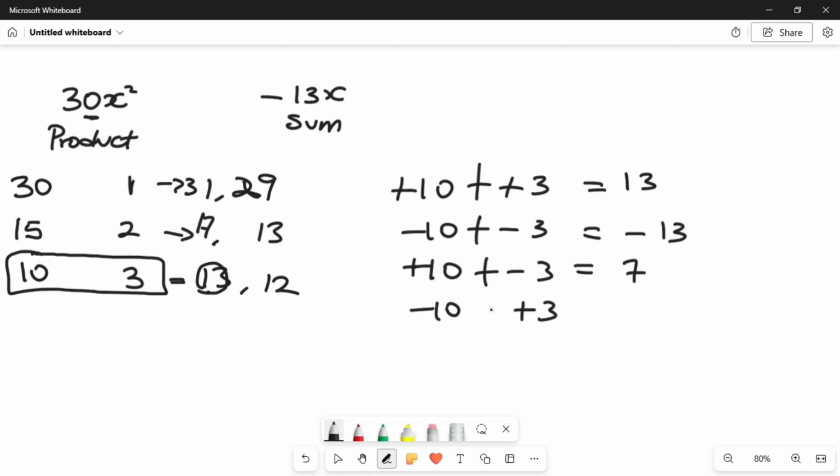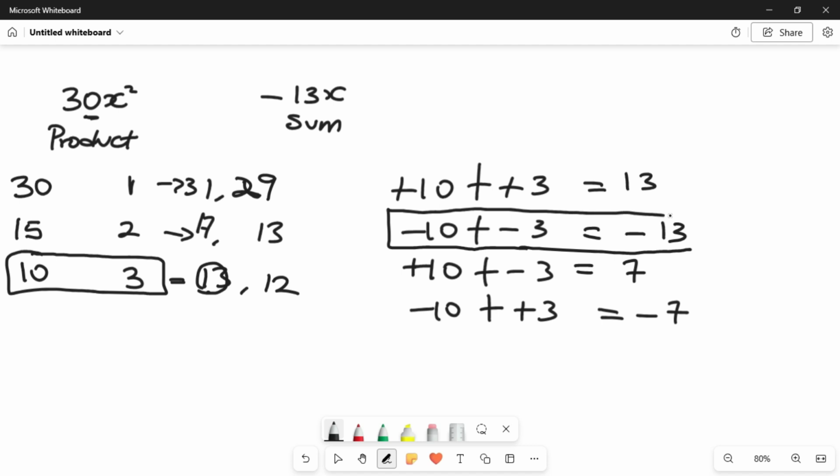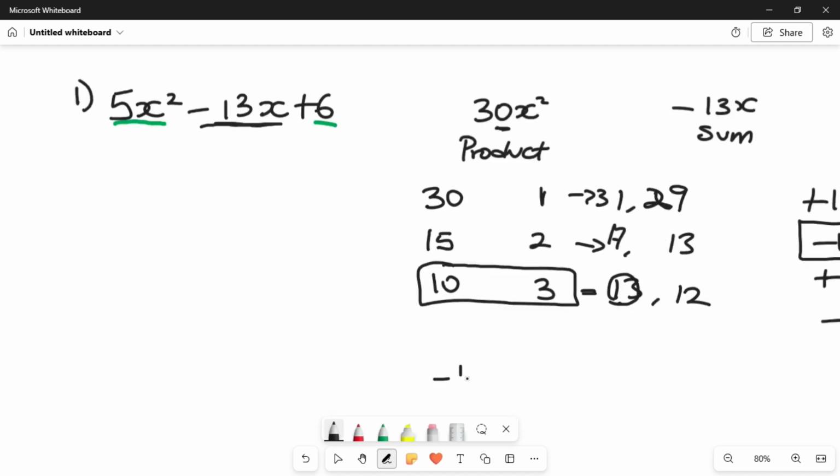And the last one, minus 10 plus 3, will give us minus 7. So from everything we have, this is the condition that gives us what we're looking for: minus 10, minus 3. So this is what we are going to use.